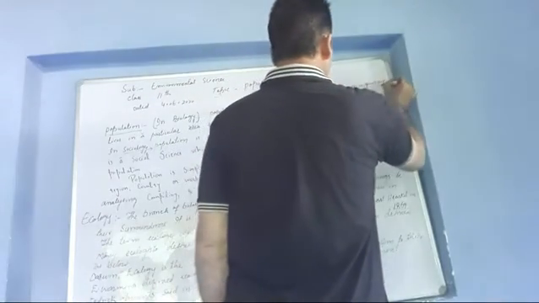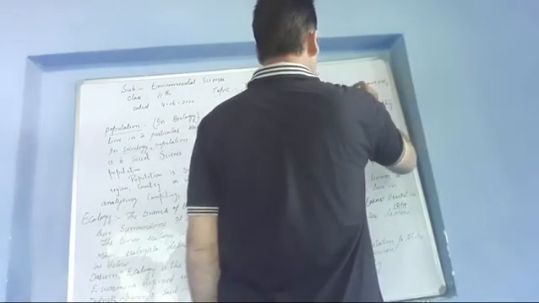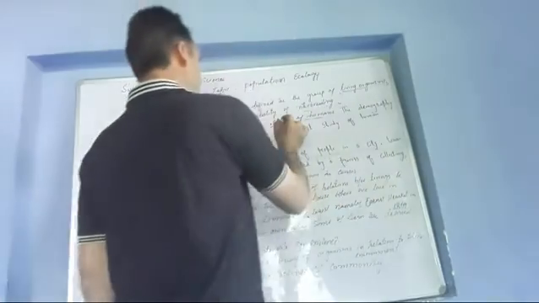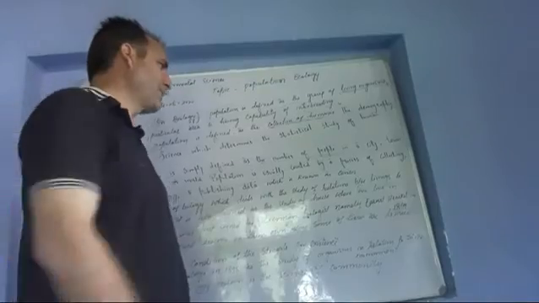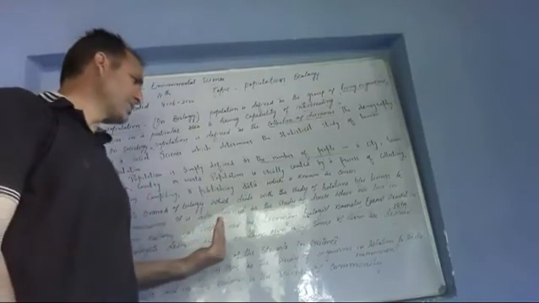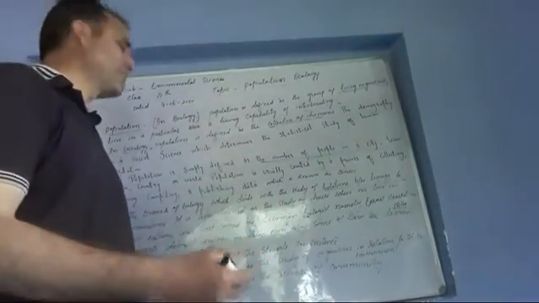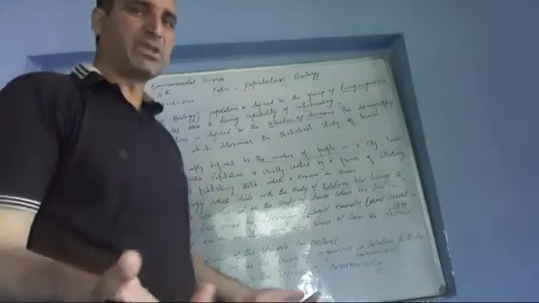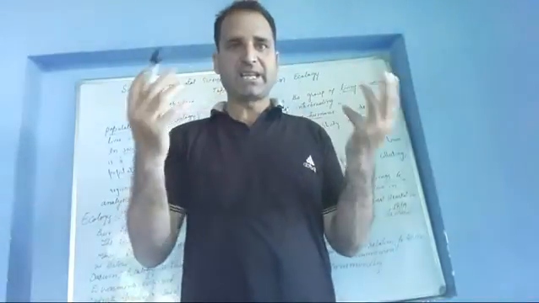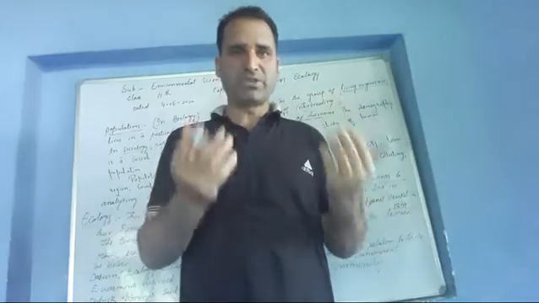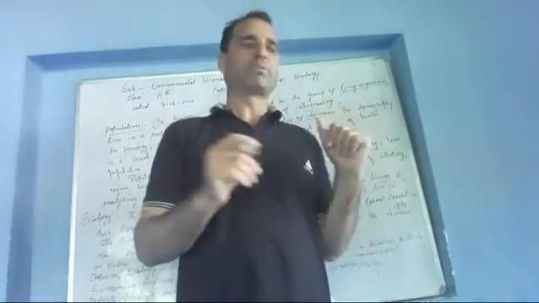Population in simple terms is the number of people living in a city, town, village, country, etc. And ecology is that branch of biology which deals with the study of relations between living things and their environment and surroundings, where they live, what they eat, and what their dwelling place is.